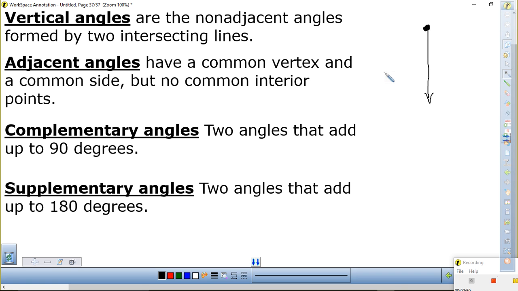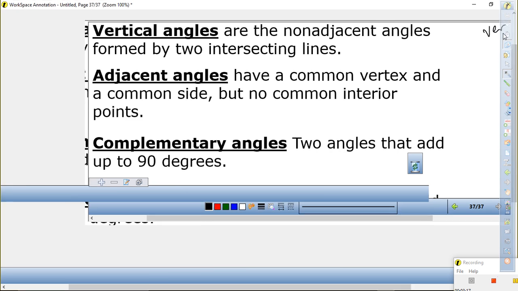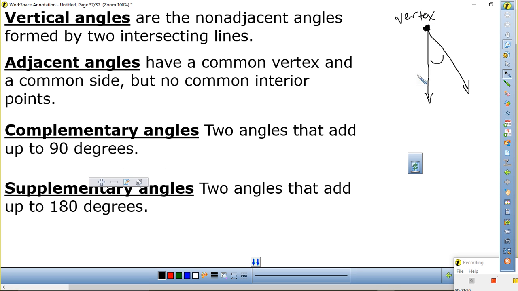But as soon as we get 2 rays coming out from this same point, now this is forming an angle. How many rays? 2 from the same point. This same point that they both share is called the vertex. Now, most of the time when you were introduced to angles, they probably gave you a point for one ray and a point for the other ray so they can label them.